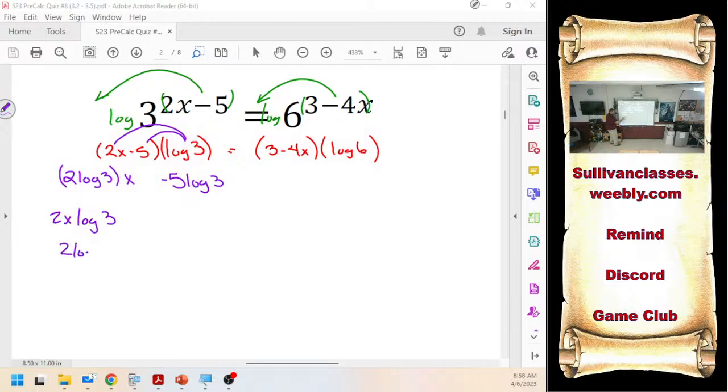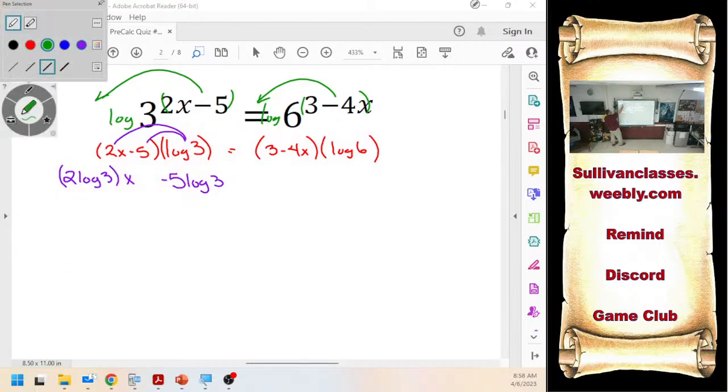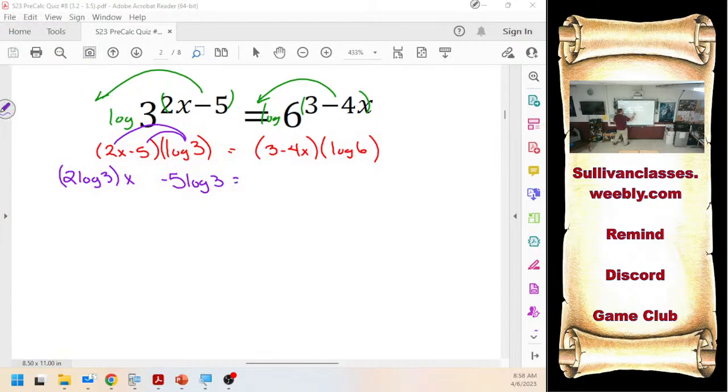I can write it like this. That last one is kind of dangerous because we might think it's 3x as an object of the log. Okay. Over here, if I distribute it, we have minus 4 log 6 x's and 3 log 6.